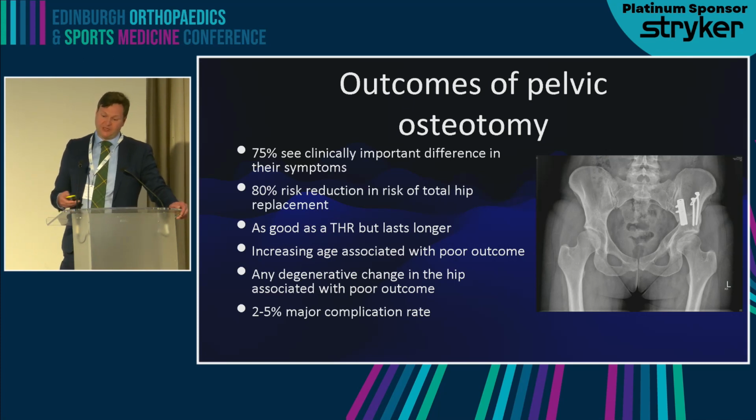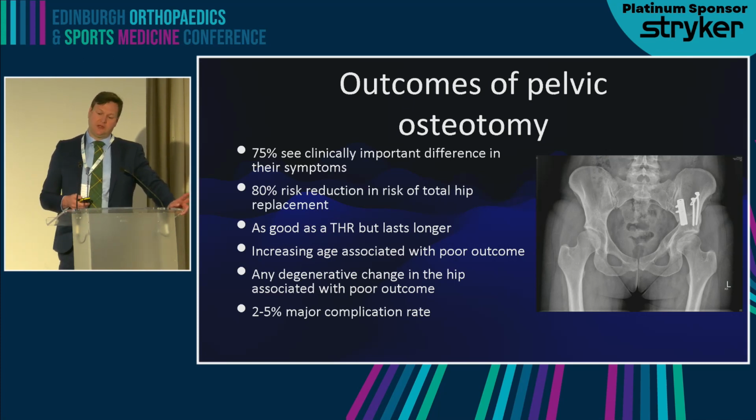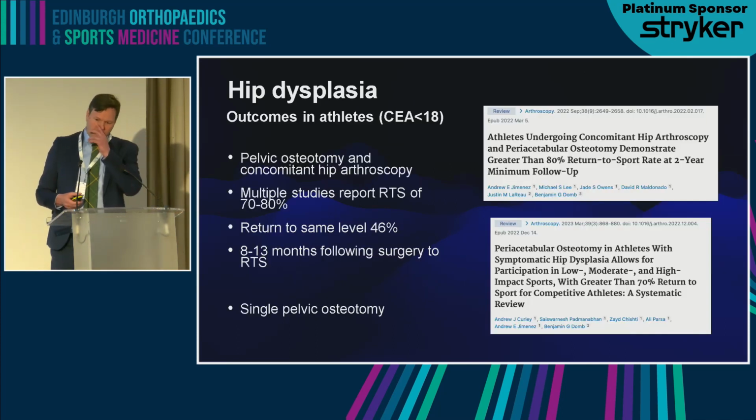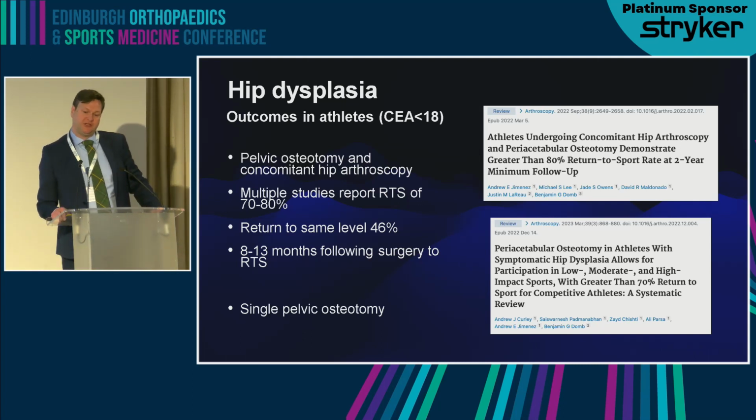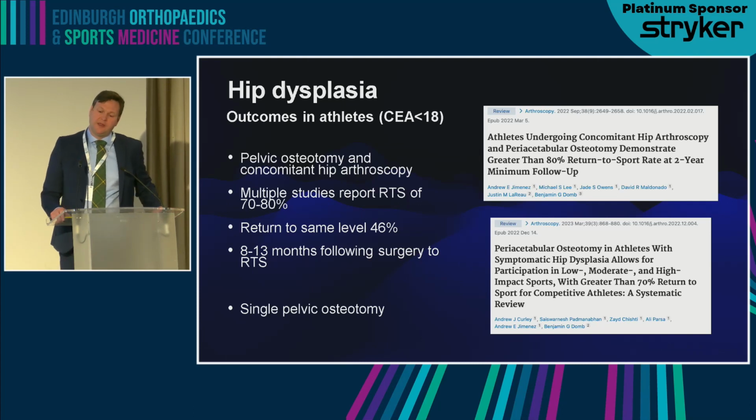But unfortunately, it is a big operation. And the older the patient, the worse they do. And any arthritis, the worse they do. What about the outcome? These are 2 recent publications in the last year about doing this big operation on athletes. Now, in North America, they tend to do a concomitant hip arthroscopy, which is not something that we tend to do in Europe.